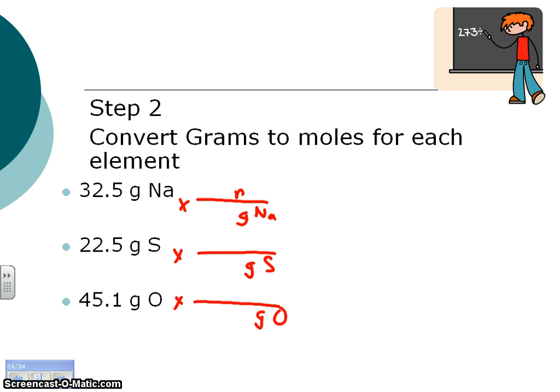And we're going to go to moles, so moles will be up top. We know that the number that goes next to mole all the time is 1. And when we go from grams to moles, the number of grams in 1 mole is going to be the mass from the periodic table. For sodium, that's going to be 23. For sulfur, that's going to be 32. And for oxygen, that's going to be 16.